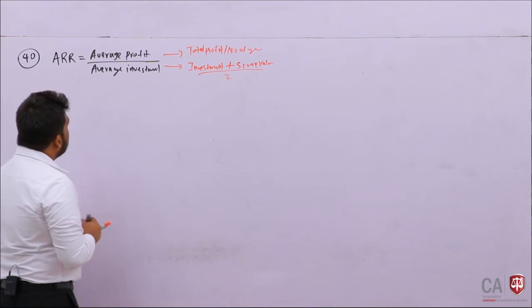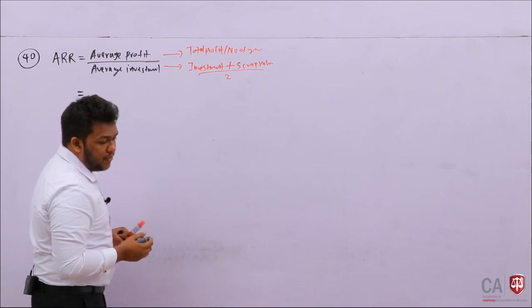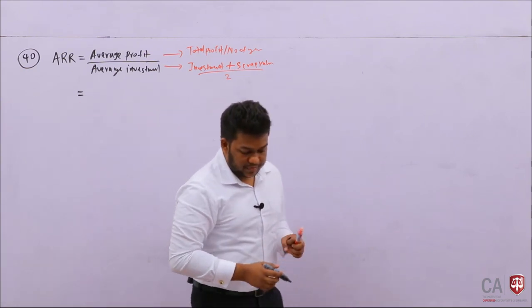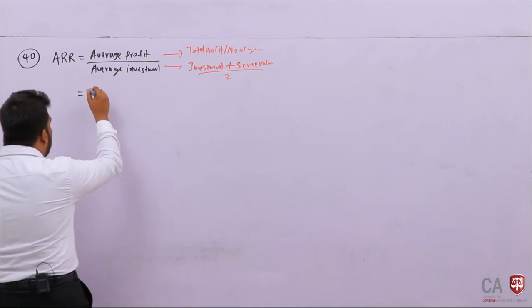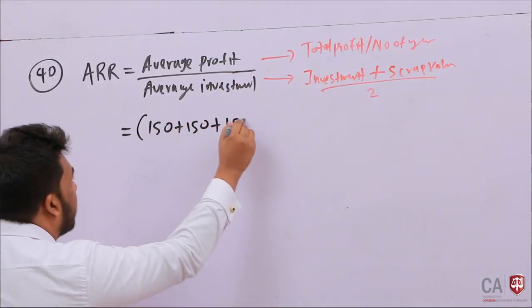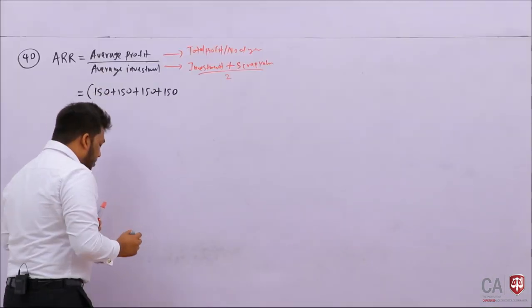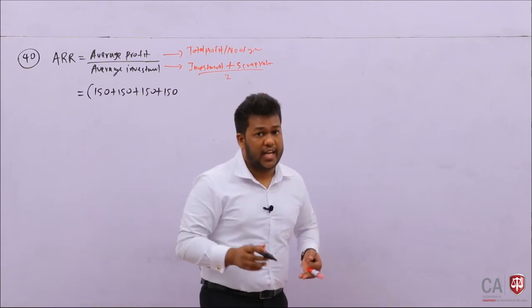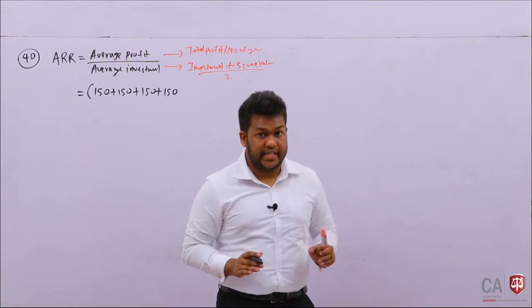So here, what is the average profit? Per year 150,000. So first of all, you have to calculate all 4 years: 150, 150, 150, for all 4 years. But this is the net cash flow from operation.